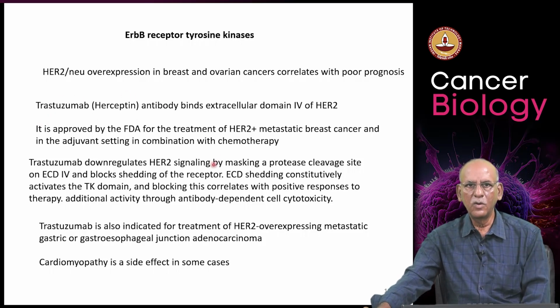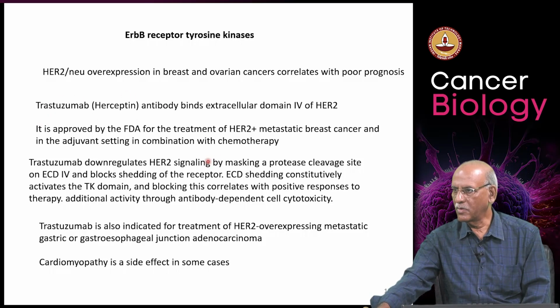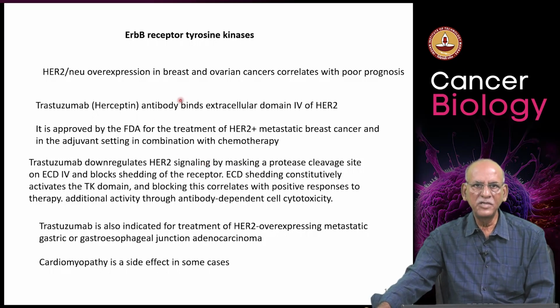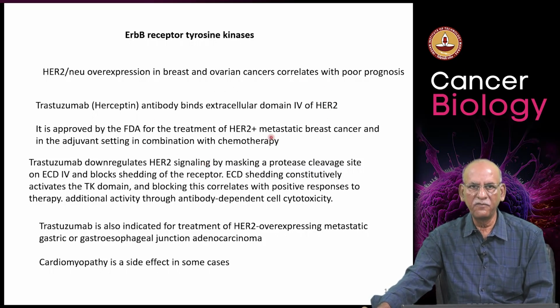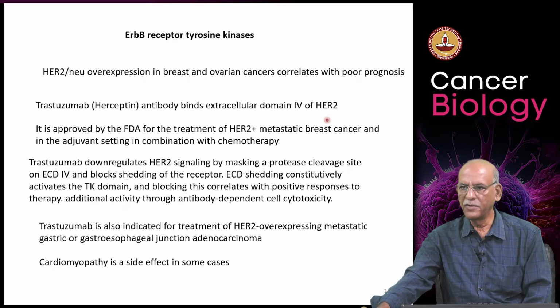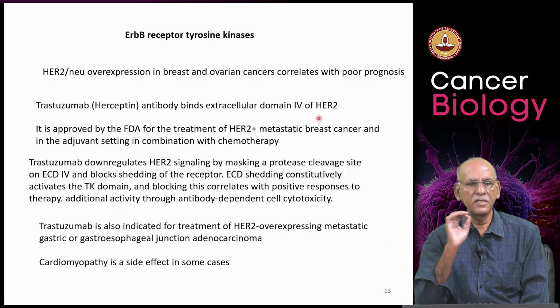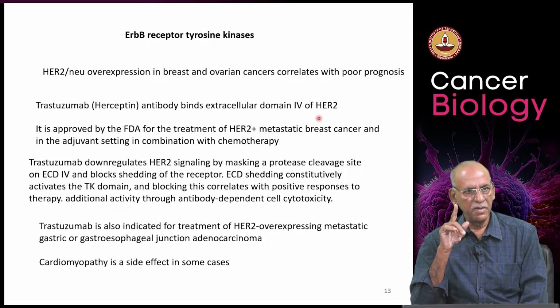So, you want to know how it acts, the monoclonal antibody. It actually binds to the extracellular domain 4 of HER2/neu. If you remember, the HER2/neu structure is a receptor tyrosine kinase. All the receptor tyrosine kinases will have an extracellular ligand binding domain.